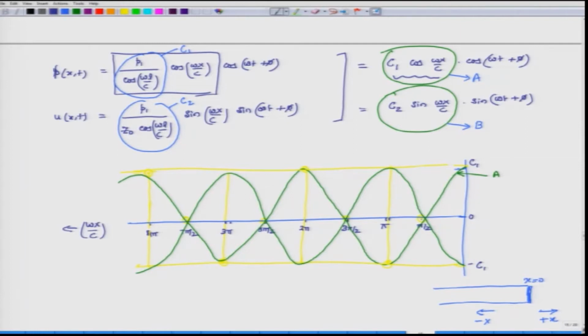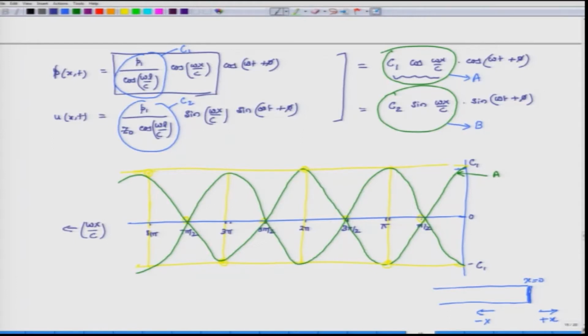So, if I plot this function A, which is C1 cosine omega x over c, it will look like this green curve, okay. At x is equal to 0, its value is going to be maximum. When omega x over c is pi by 2, its value is going to be 0. When it's 3 pi by 2, again it will be 0, and so on and so forth.